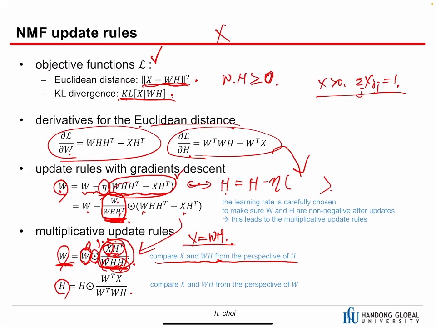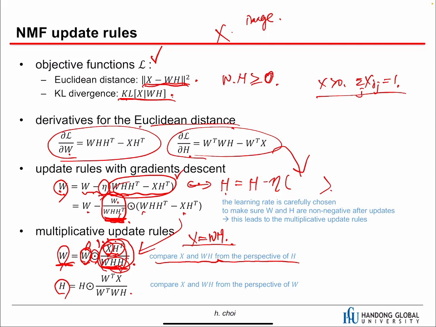Okay, so when the X is an image, we can apply NMF, because in an image all the pixels are positive, right? Usually we have intensity for the pixel from 0 to 255, or if we normalize, it's between 0 and 1.